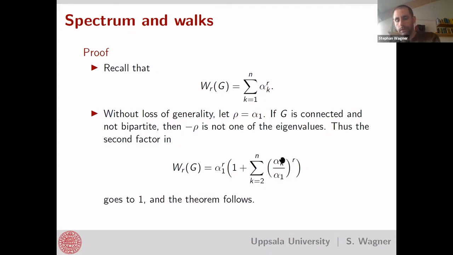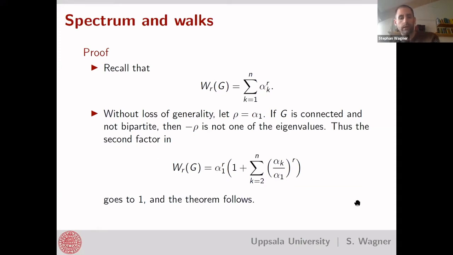After rewriting a little bit, I have this expression where all these quotients, alpha k over alpha 1, have absolute value less than 1. So all the terms in the sum are something less than 1 to the power r. If I let r go to infinity, then these all go to 0. So the whole bracket here goes to 1, and the statement then follows quite easily.